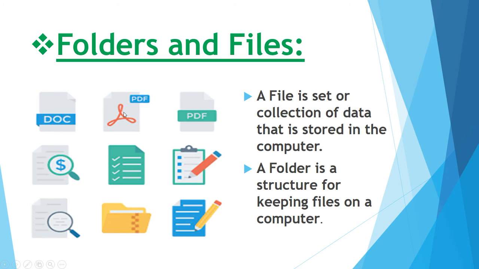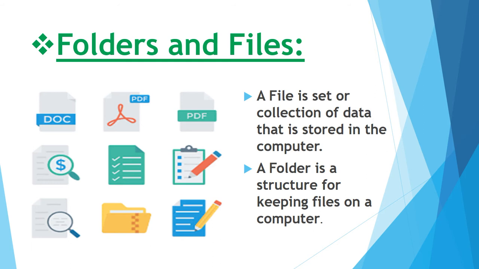Doc file, PDF file, notepad file. For example, when we double click on the folder, my poems collection, it opens a window. The window shows the folders and files inside.